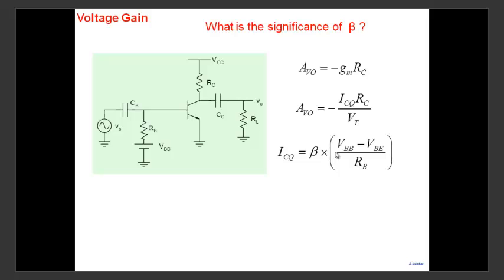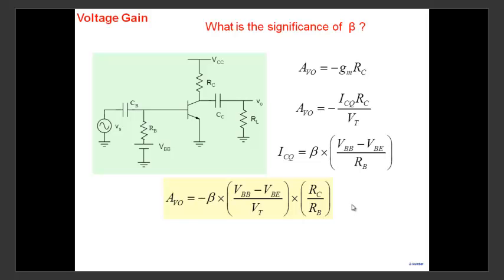I guess you would say, well, ICQ depends on beta. ICQ is beta multiplied by IB, and IB is VBB minus VBE divided by RB. So let's put the value of ICQ over here. AV0 is minus beta, VBB minus VBE by VT, RC by RB.